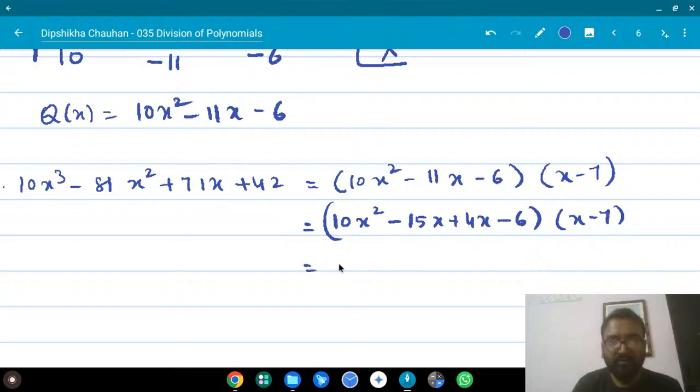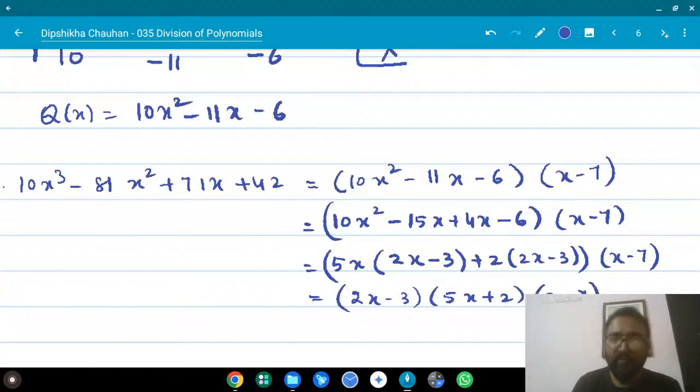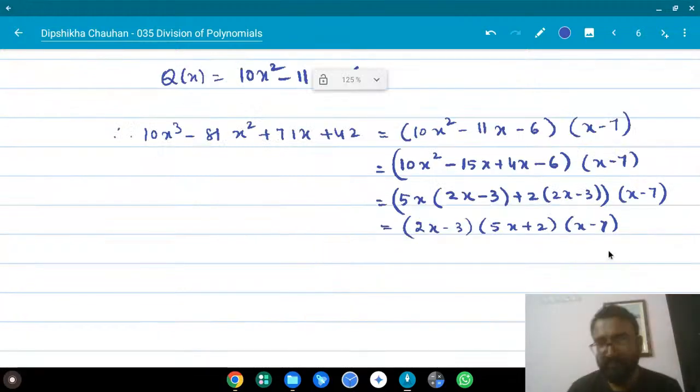If I take 5x as common, it is 2x minus 3, and plus 2 if I take common, it will be 2x minus 3 into x minus 7. So this is the complete factorization.